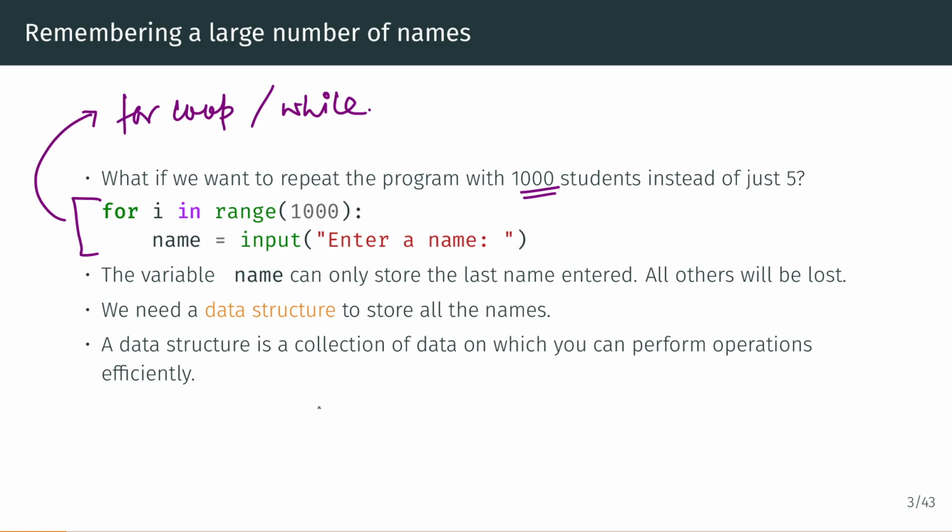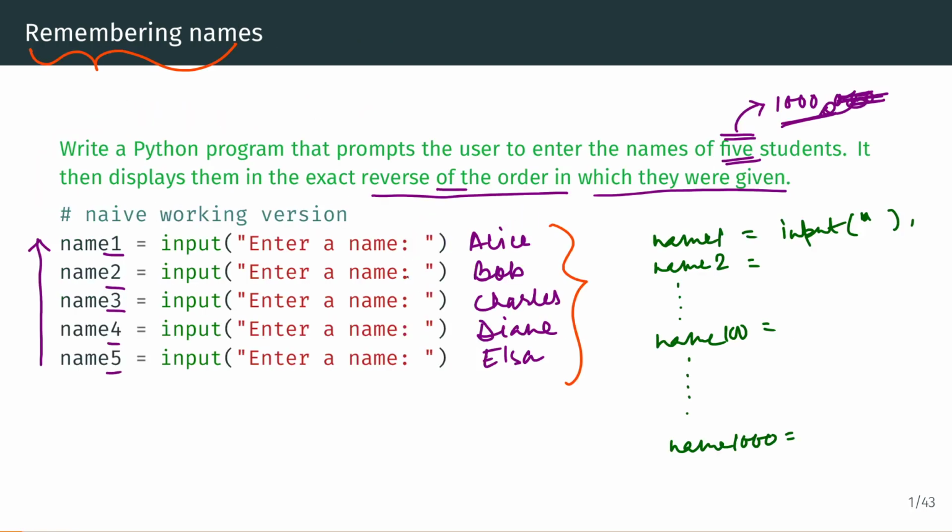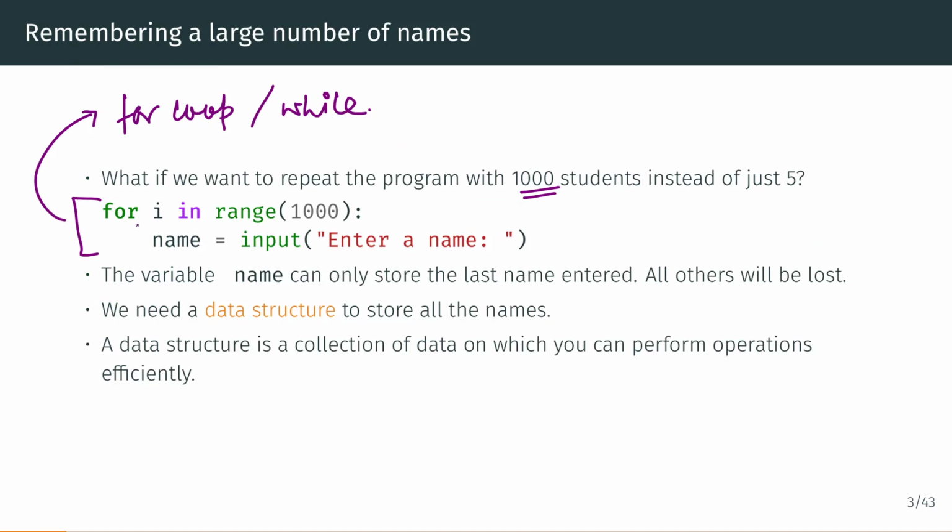Now, if we want to enter the names of 1,000 students instead of 5, instead of repeating these steps again and again, we would write a for loop, and it would look like this. It would say for i in range(1000), which means 0 to 999.